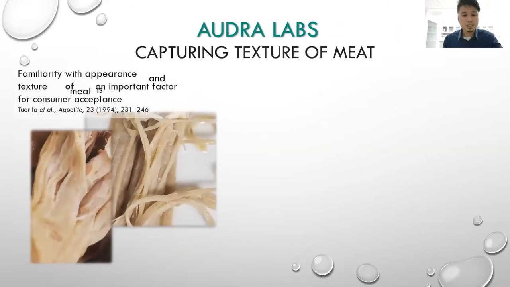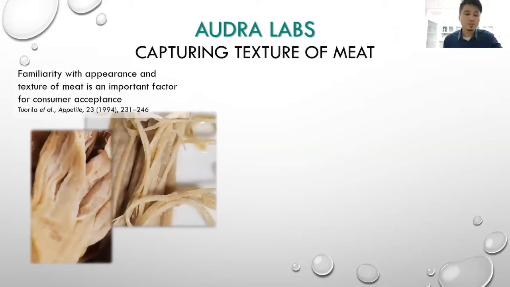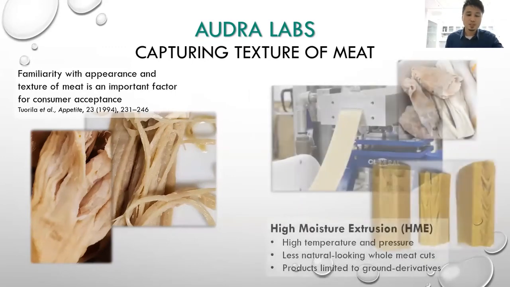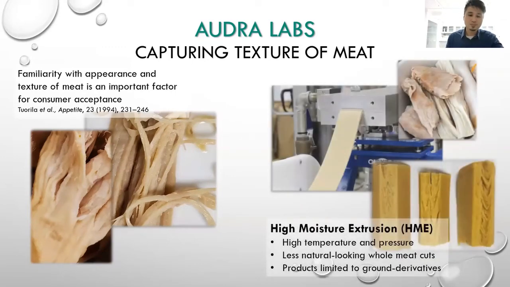So one of the early challenges that Audra Labs seeks to solve is capturing the texture of meat. Texture and visual appearance are critical in obtaining consumer acceptance. Currently, most alternative meat in the market utilizes the high moisture extrusion method to churn out 3D meat constructs.